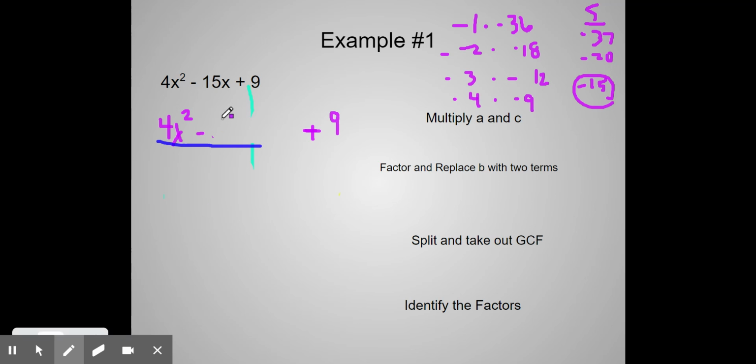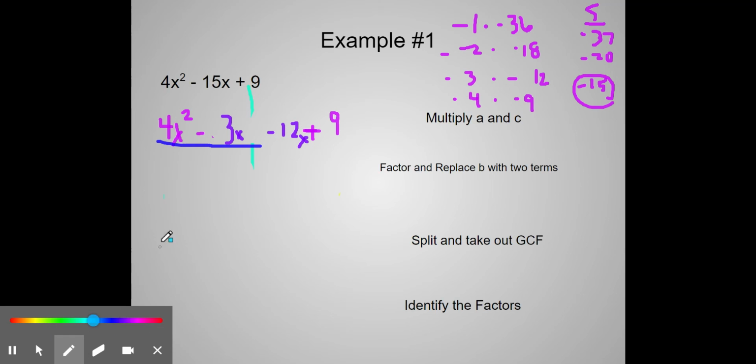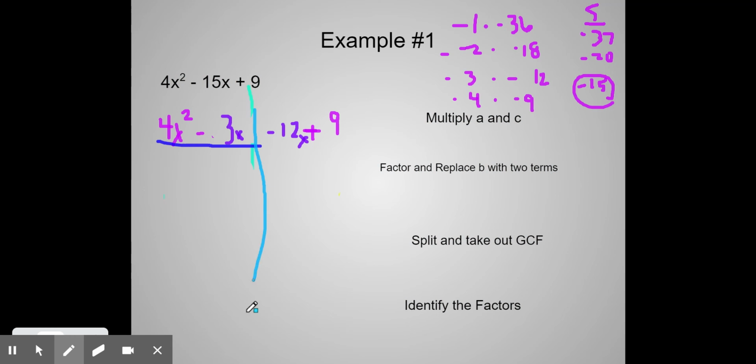So let's say instead we went with -3x here, then -12x. Okay. Well, let's go ahead and exchange those. So I look here, I can take out just an x. So I'm left with 4x minus 3.